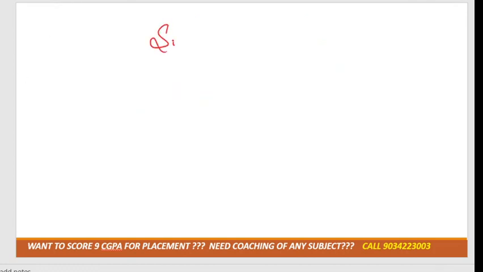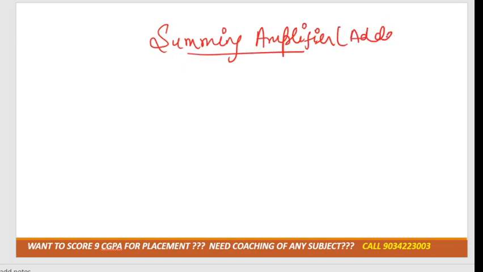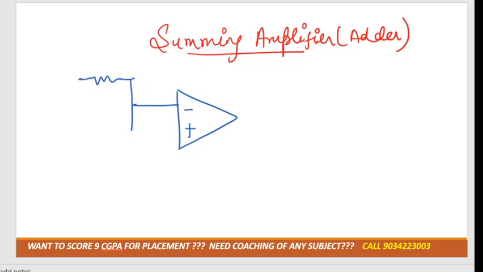Next case is the summing amplifier. In the summing amplifier we basically use it as an adder. We can use two or more than two voltages. So again I'm using an op amp. It is connected with the negative terminal, and as I told you we can use more than two voltages. Here I am using 3 voltages.